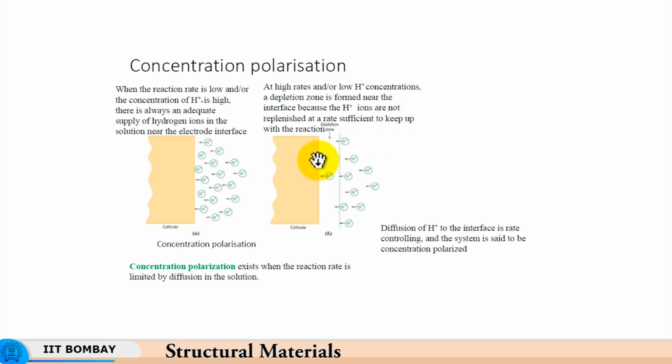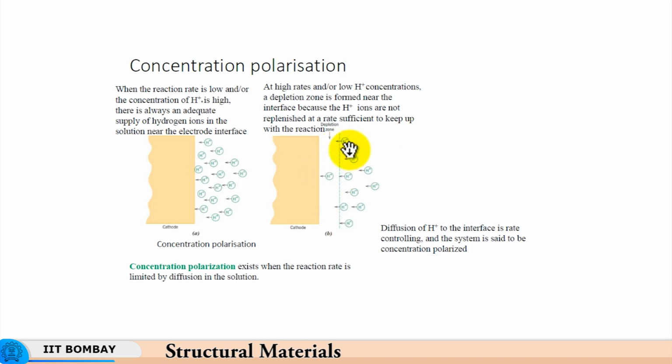Where you see that the rate of reaction is very high, plenty of electrons are available. They come here and rapidly combine with H plus ions to give out gas. So, there you have a serious shortage of H plus ions, because they get depleted very rapidly.